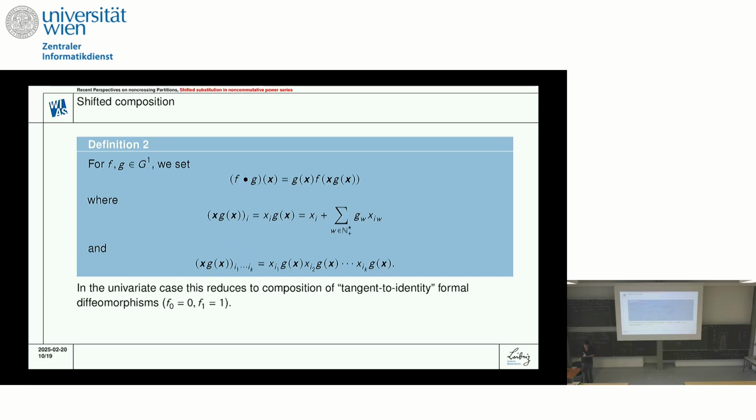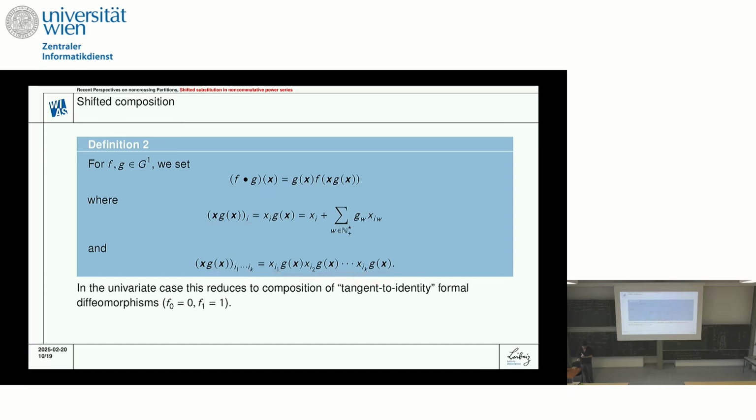I don't want the linear part of the variable x_i disappearing or something like this. So I really want just a perturbation of the x_i by the coefficients of g, and this could mean that the perturbation is really just higher-order monomials in the same variables.